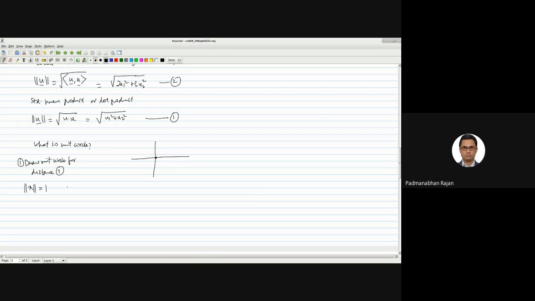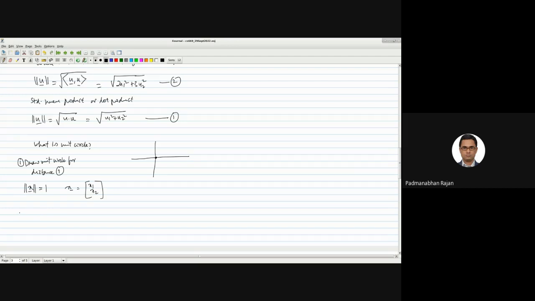Sometimes I'm using u, sometimes I'm using x, so sorry about that. Let me call it x1, x2. This is my x. So draw the unit circle for the first distance. How will it look?